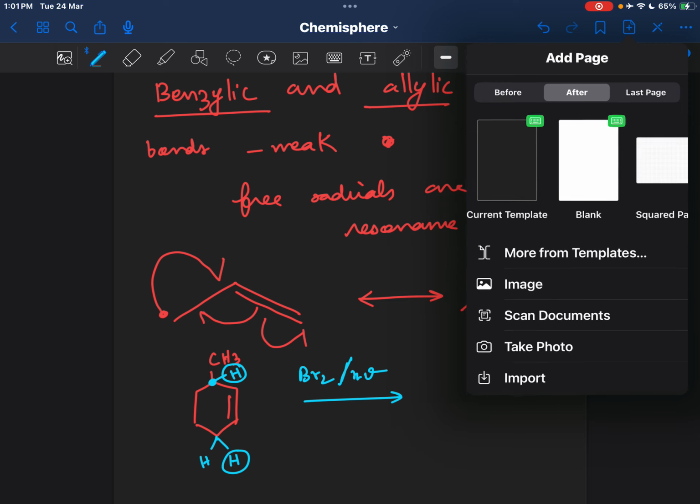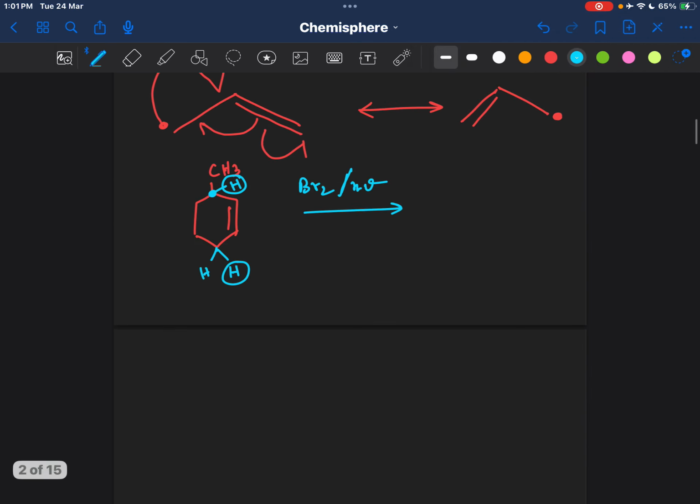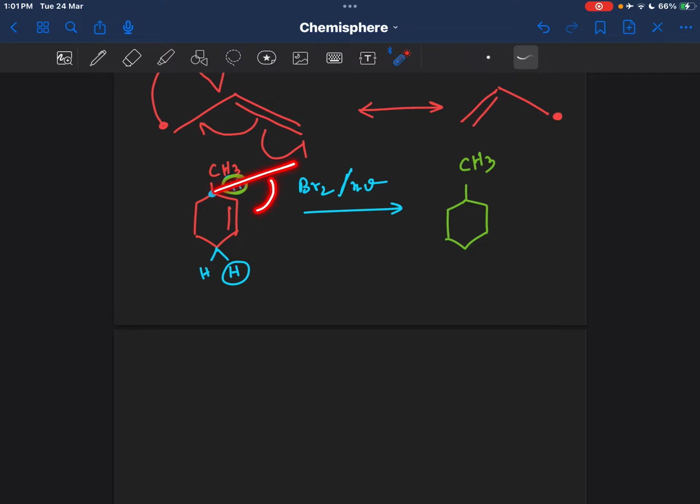Okay, so either we can break this first, so it will then result in CH3, and if you break this bond, one forms the free radical, so I am representing a dot there, right? And this, or it can also result in the breaking of this bond and forming a radical there.